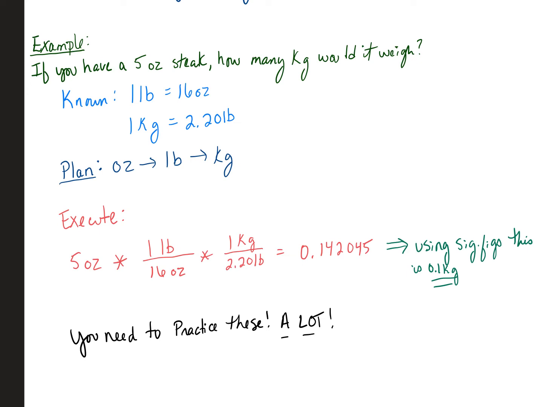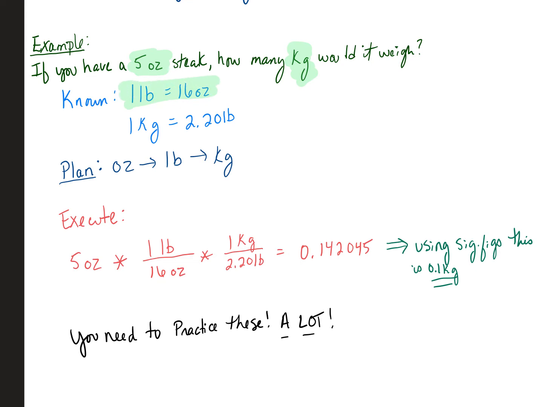You have a 5-ounce steak. How many kilograms would it weigh? So the known is 5 ounces. The unknown is kilograms. You've got to figure out how to link ounces to kilograms. So you may know that 1 pound is 16 ounces.